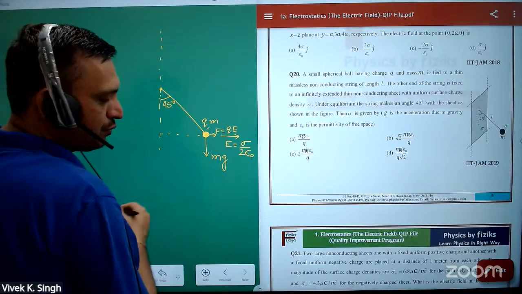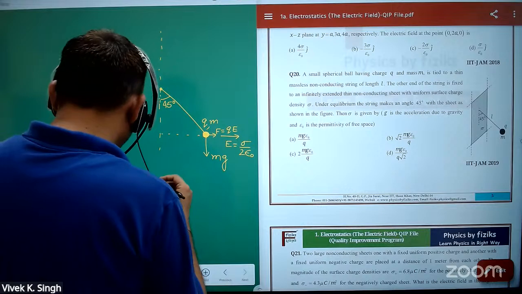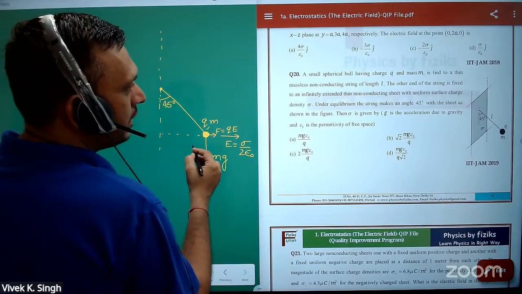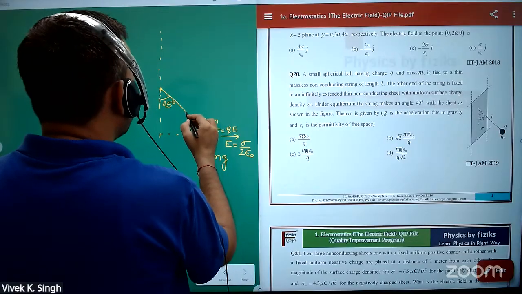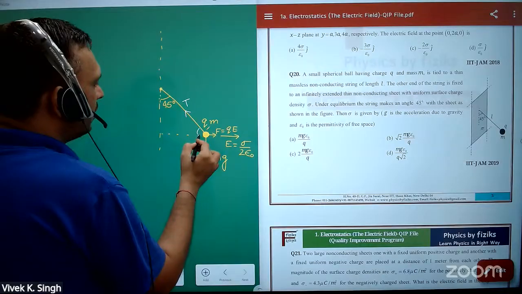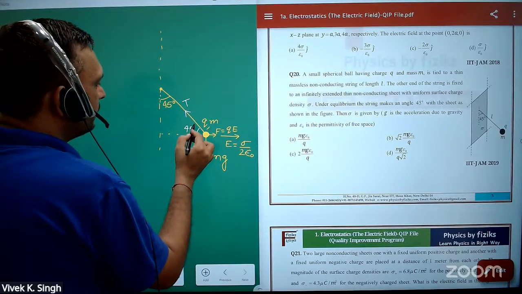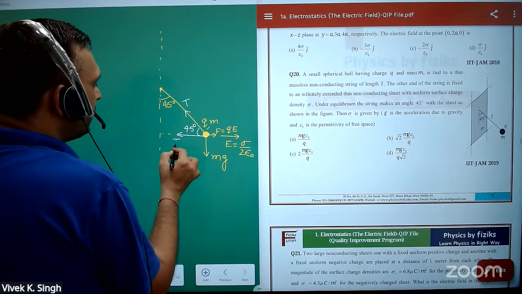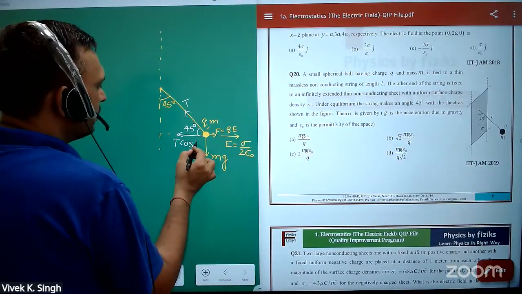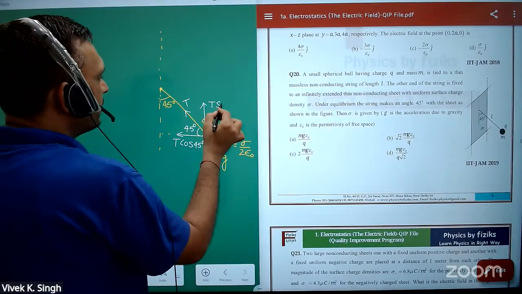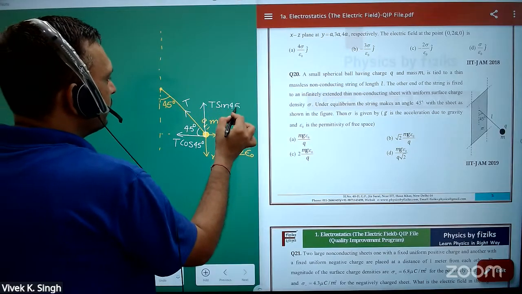It will experience force mg in the downward direction. And there is a tension T in this string. This angle is 45 degrees. So the components will be T cos 45 and T sin 45.